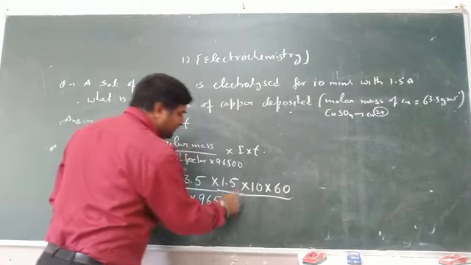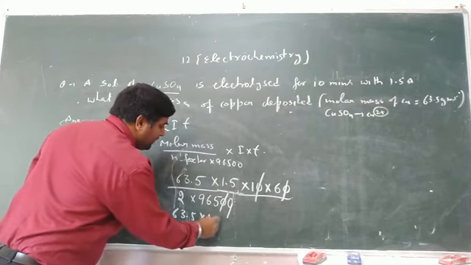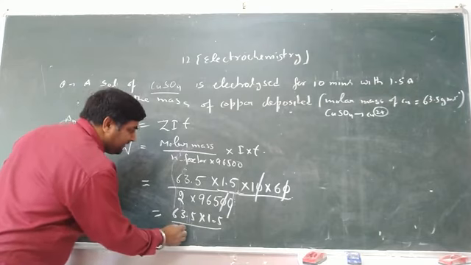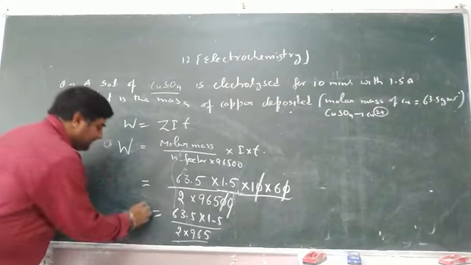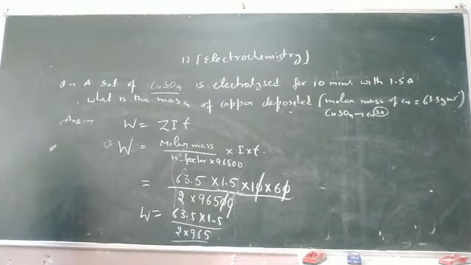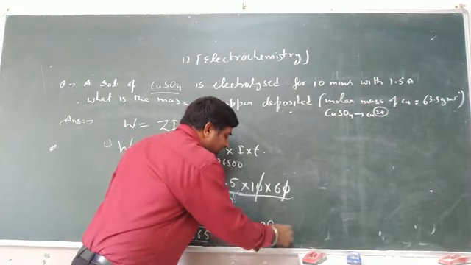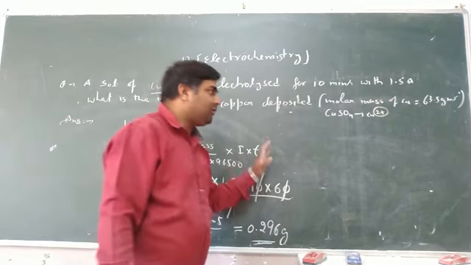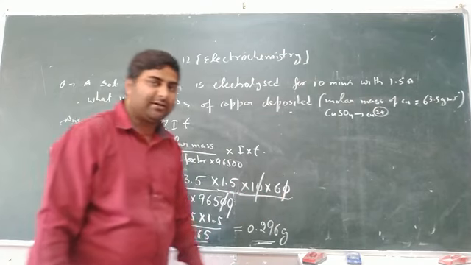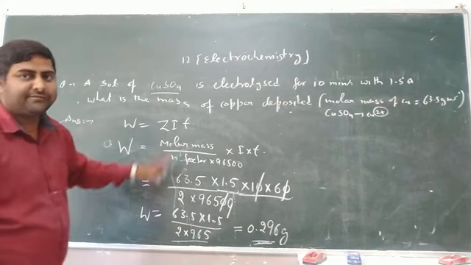So we solve. We get 63.5 into 1.5 divided by 2 into 965. So when we solve, the value of W is coming to be 0.296 gram. That is the answer. It means the amount of copper deposited at its respective electrode is 0.296 gram. This is the way to solve.